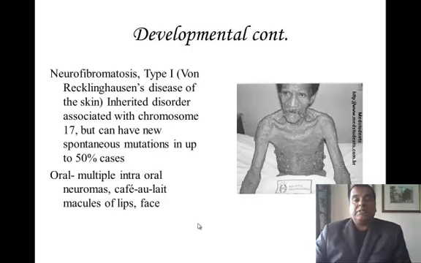Neurofibromatosis type 1, which is von Recklinghausen's disease of the skin, is an inherited disorder associated with chromosome 17, but can have new spontaneous mutations in up to 50% of the cases. In the oral cavity, you might get multiple intraoral neuromas, and café au lait macules of the lips and face, café au lait being the colour of the lesion.